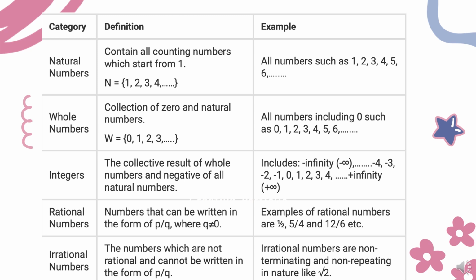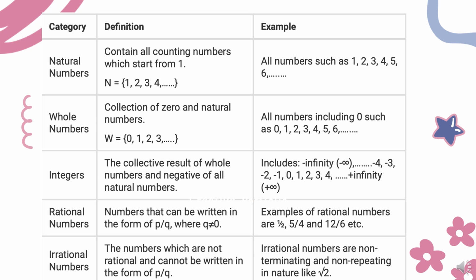Also, we have integers, the collective result of whole numbers and the negatives of all natural numbers. It includes negative infinity: we have -4, -3, -2, -1, and also it includes 0 and 1, 2, 3, 4 up to positive infinity. Next, we have rational numbers, numbers that can be written in the form of p over q, where q is not equal to 0.